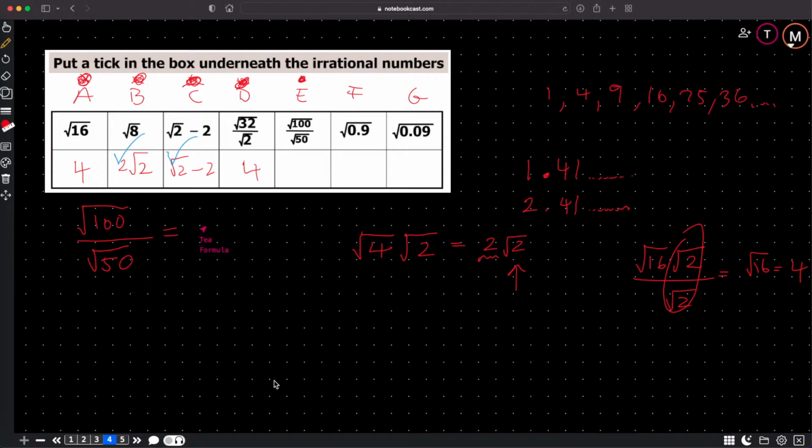I might instead want to change it to root 50 multiplied by root 2. And that allows me to cancel this down a little bit better. So there you go. This is irrational. Nothing we can do about that. So E is irrational.